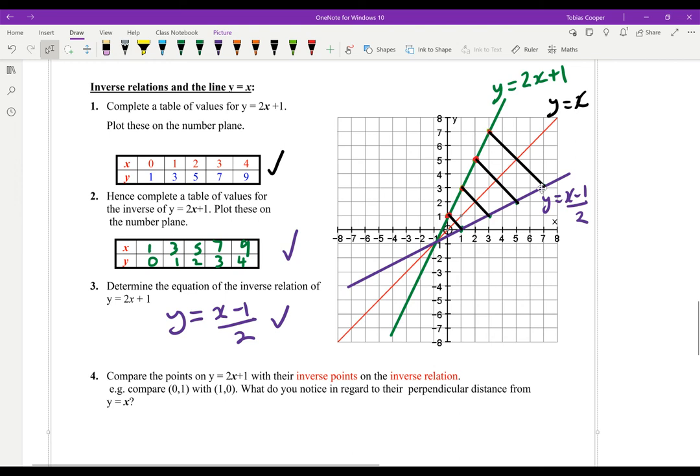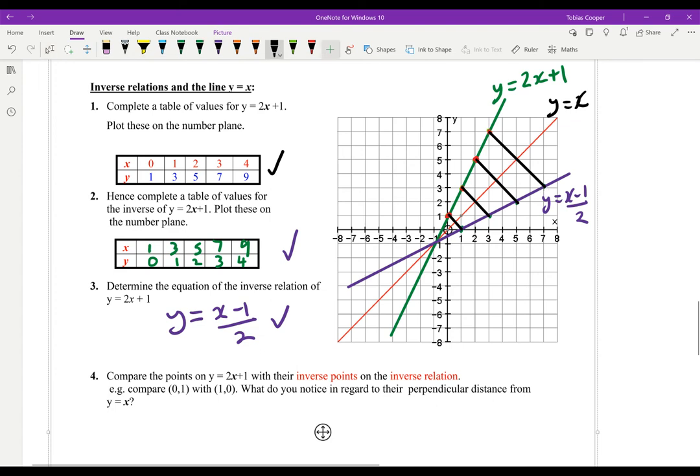Okay, so this point here is a reflection of this point in the line y equals x. And it just means that the points on this function are the same distance from the line y equals x as the points on this function.